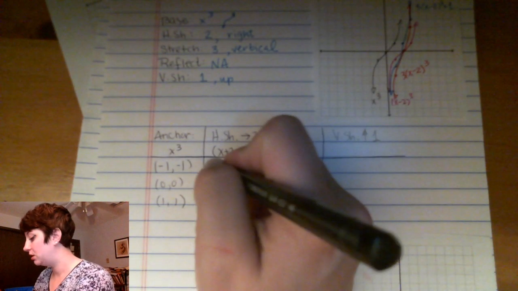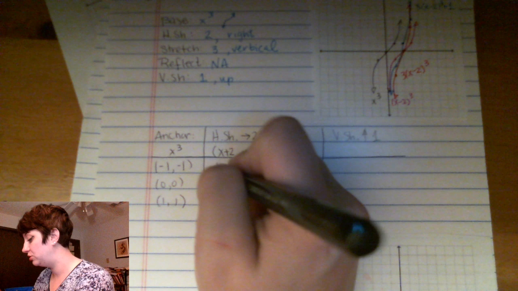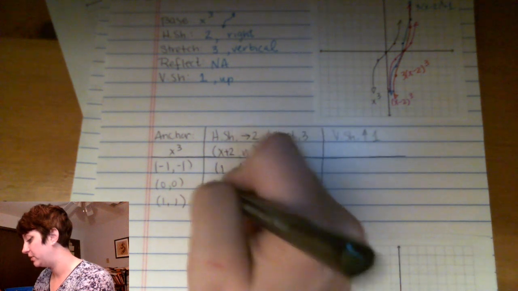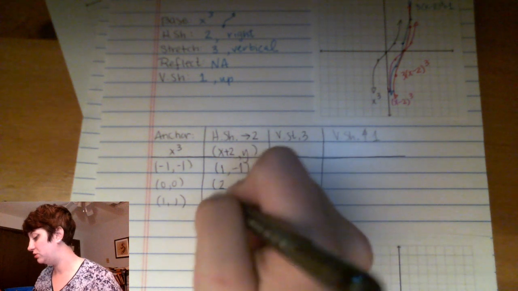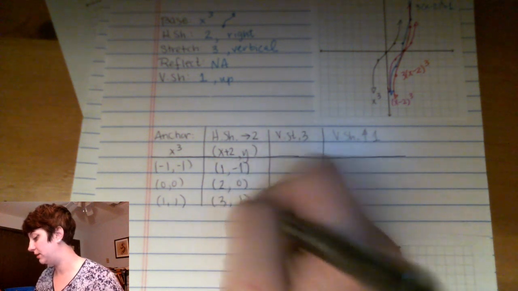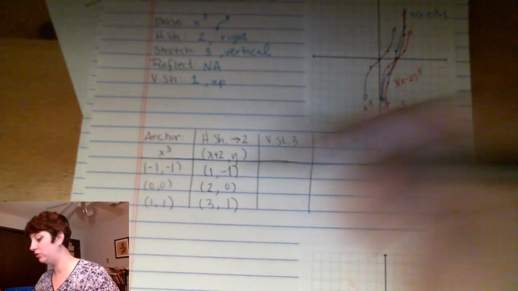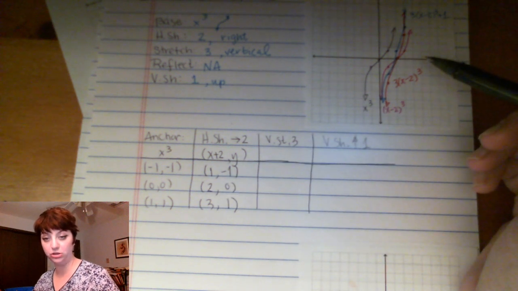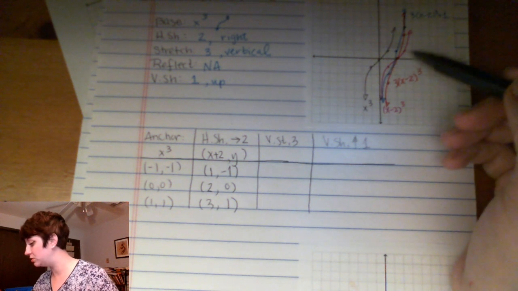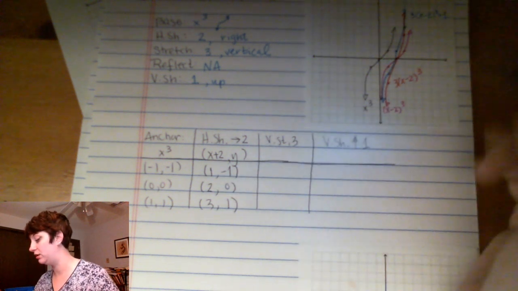Okay, so increase each by 2, y stays the same. And if you look, by the way, this was our pink function. Yeah, our pink function. So those are the same points that I have calculated here.